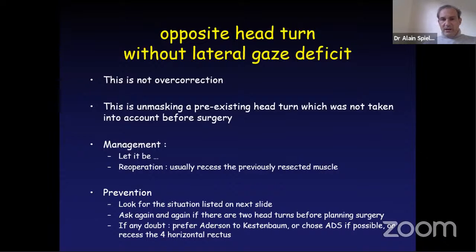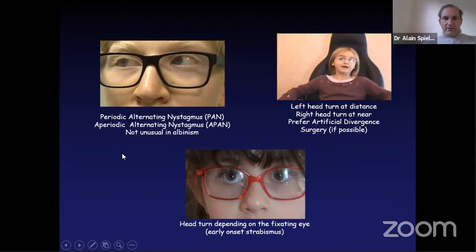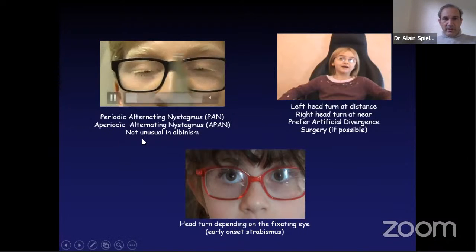And if in any doubt, prefer a recession on two muscles or choose artificial divergence surgery, or even recess the four horizontal muscles if there are two head turns. So what you will have to search for before surgery is periodic or aperiodic alternating nystagmus.